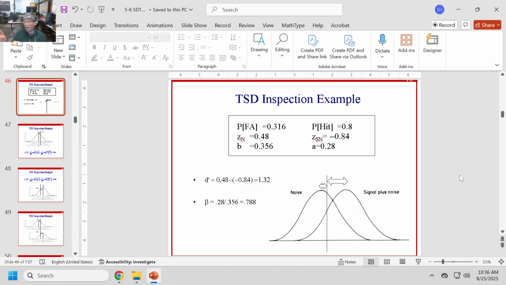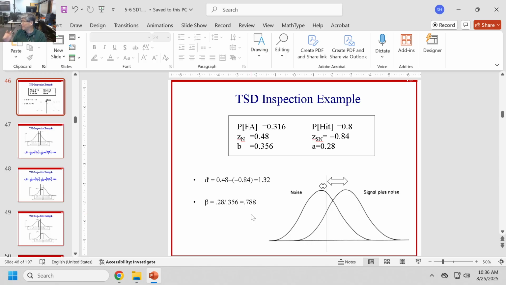And remember, the beta value for inspector 1 is 3 something, so you can tell this guy is trigger-happy.